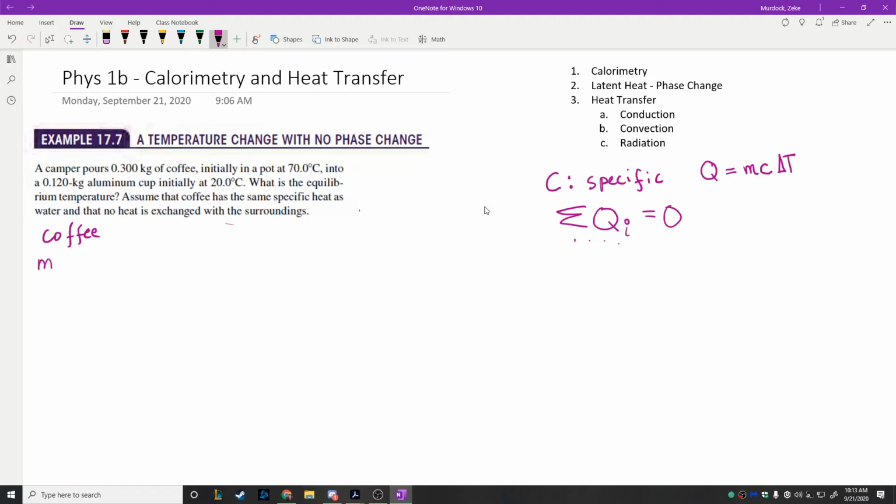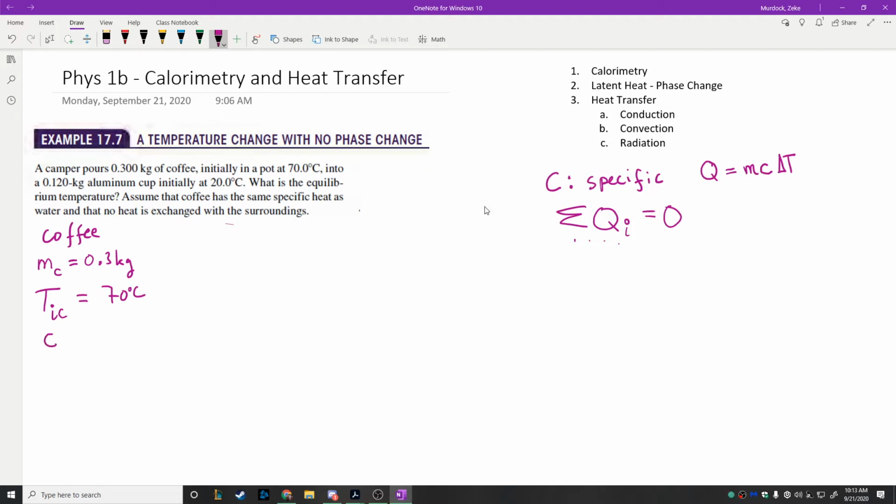It's coffee and aluminum, so we'll use M sub C for coffee. We also know its initial temperature. The initial temperature of the coffee is 70 degrees Celsius.